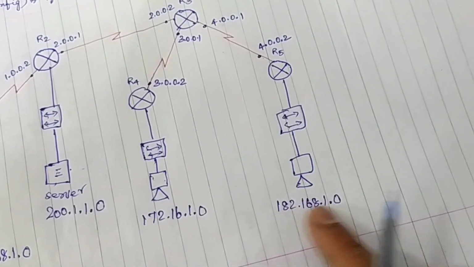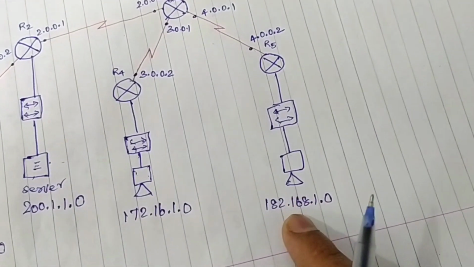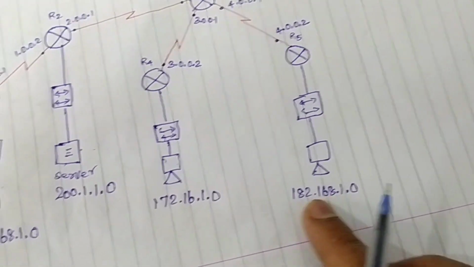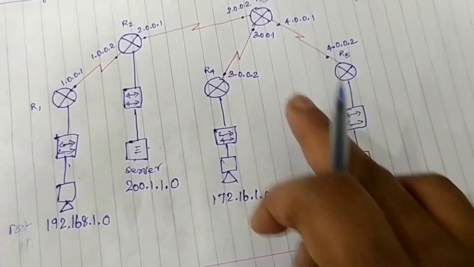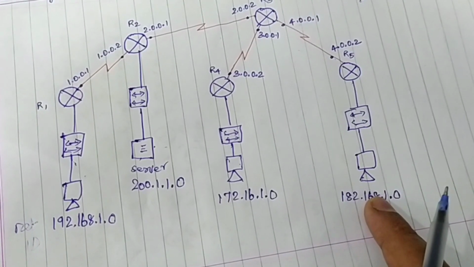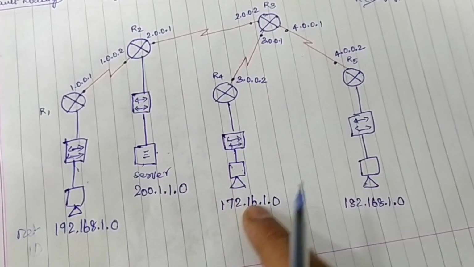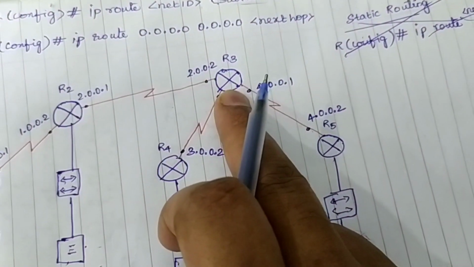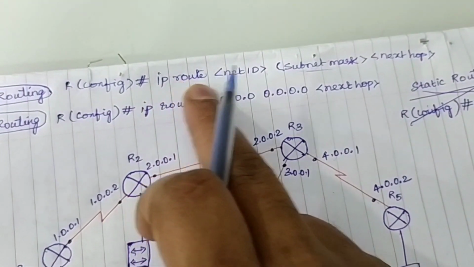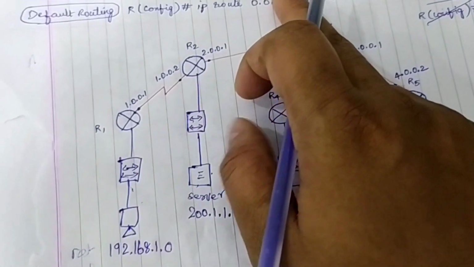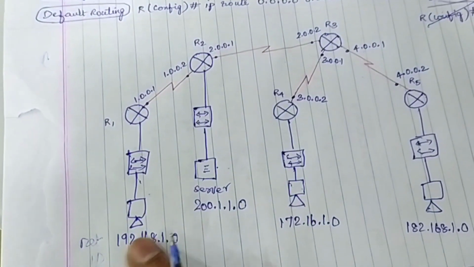This is not an IP address, this is the network address, remember. So 4 network addresses, so 4 networks are there. For these 4 networks, we have to assign the routes on this R3 router. So how can we assign ip route, this address you have to type first. Which one?